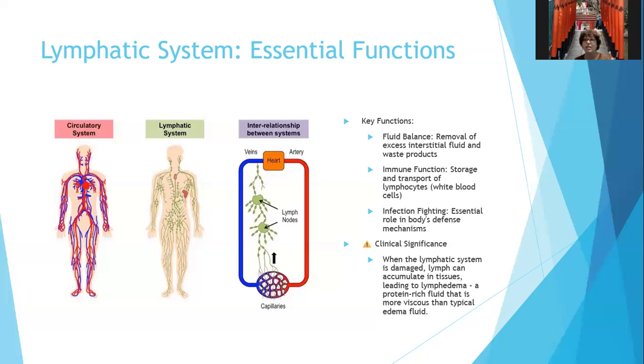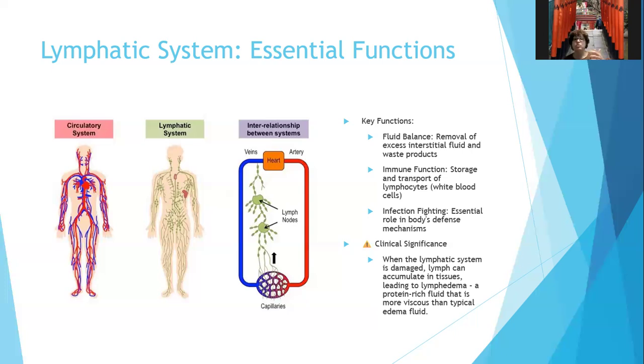The lymph nodes are like little lymphocyte social clubs, looking for pathogens and waiting there. So the lymphatic system has an essential role in the body's defense systems and is very intimately connected with the immune system. When the lymphatic system is damaged, lymph can accumulate in tissues, leading to lymphedema.